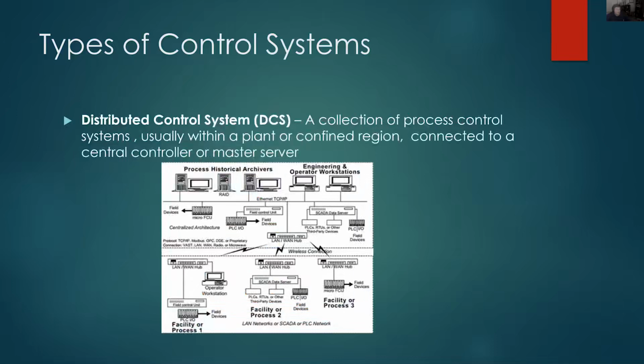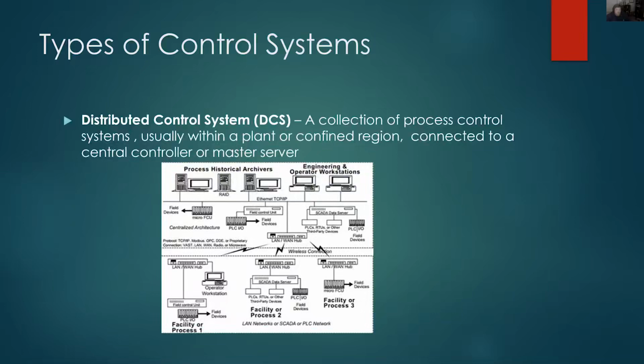This would be a distributed control system, and at the utilities I worked at, we have a number of those deployed. Each generation facility has its own distributed control system. And there are a number of process control systems that are joined together and then controlled up at this top level here, where, you know, the process historical archive is, that sort of thing.